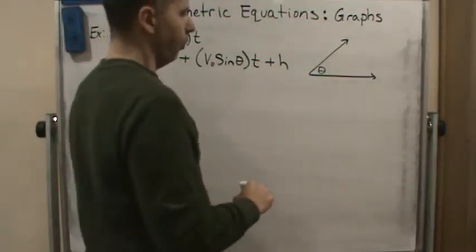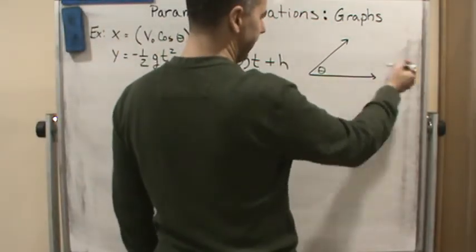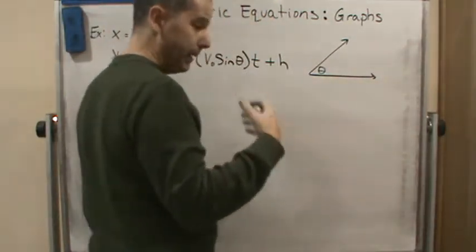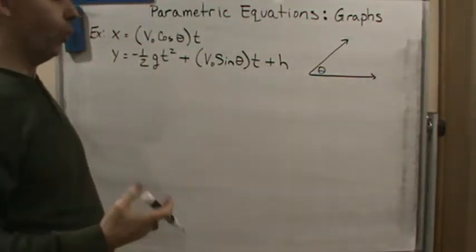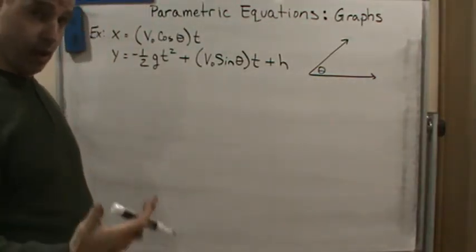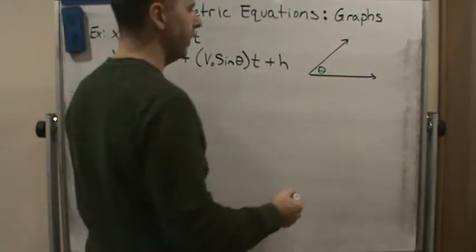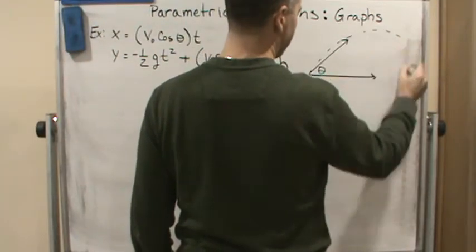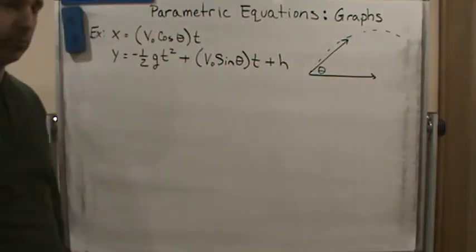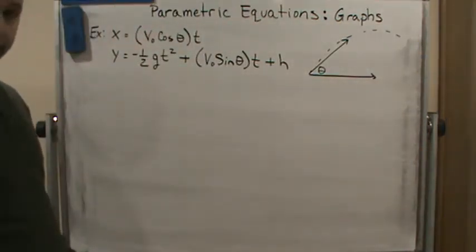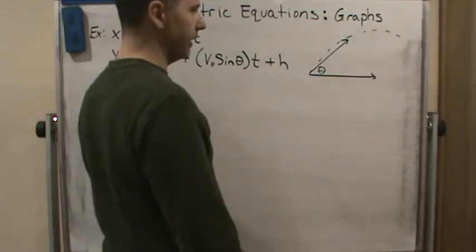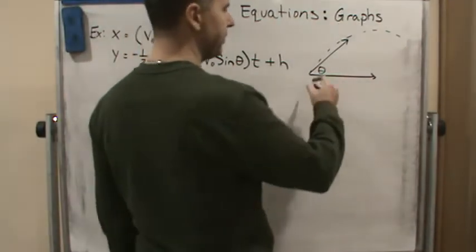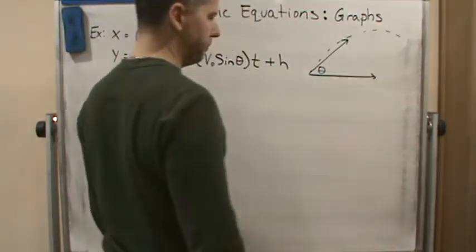We want to know what the trajectory of that is, but we also want to know, at some time t, what's the position of that object? Using what we know about physics, it's going to have some sort of parabolic shape, due to gravity. It's not going to stay up in the air forever. It's got to come down. So it's going to have this nice little arc shape to it.